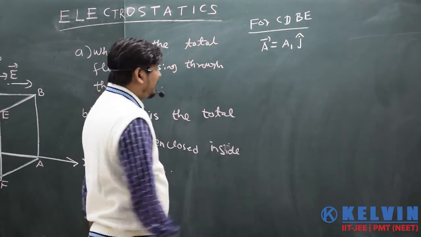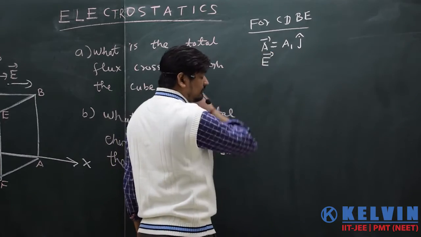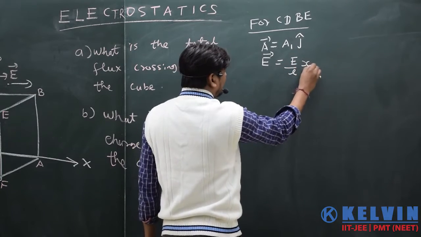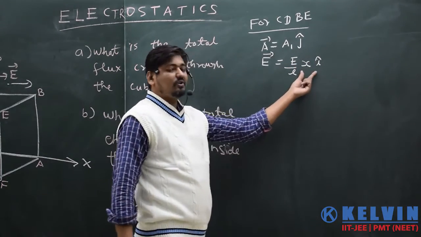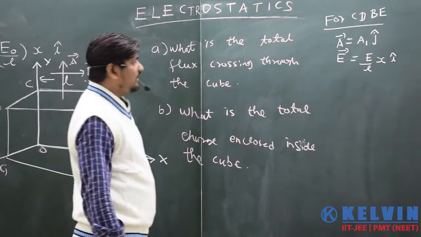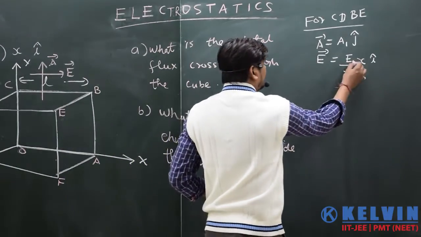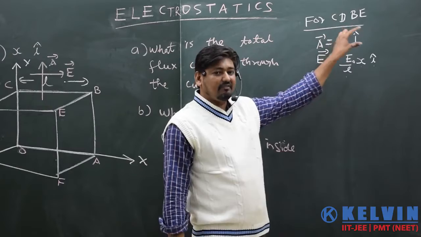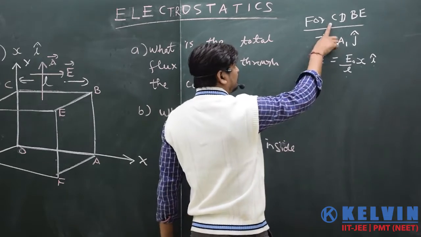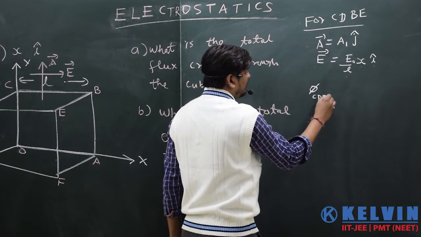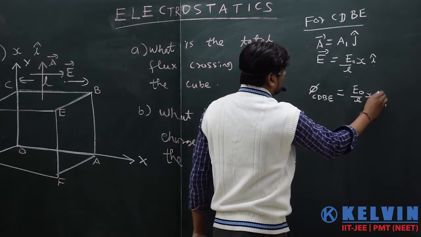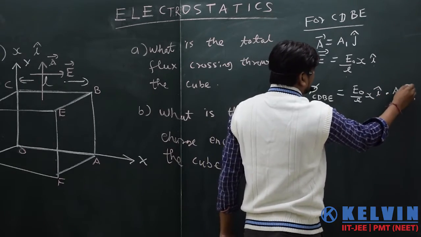And the electric field for this surface at each and every point will be E naught by L x i cap, with x varying from 0 to L. For this point it is 0, for this point it is L. When we take the dot product, we get the flux associated with CDBE: E naught by L x i cap dot A1 j cap.